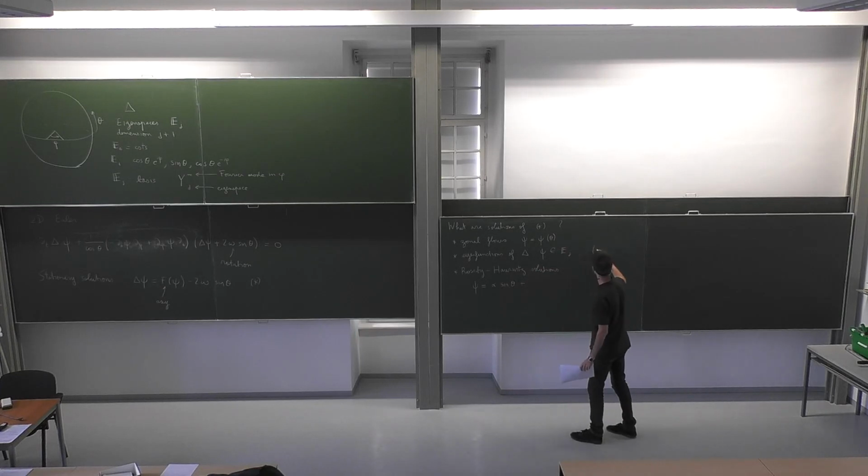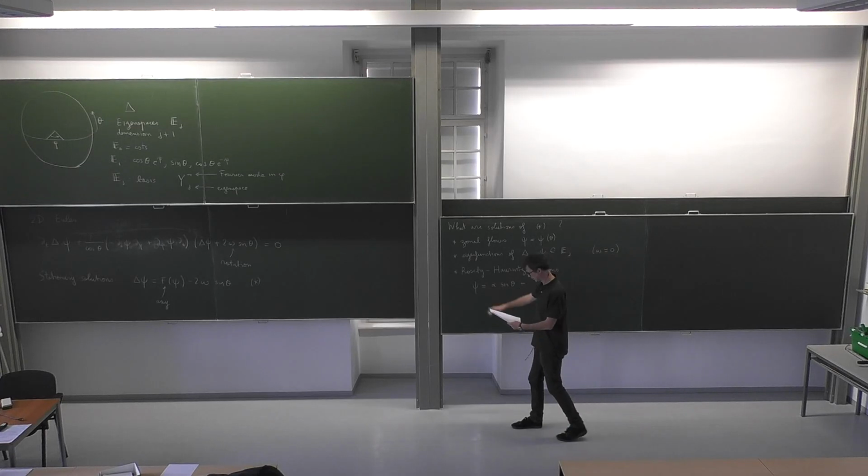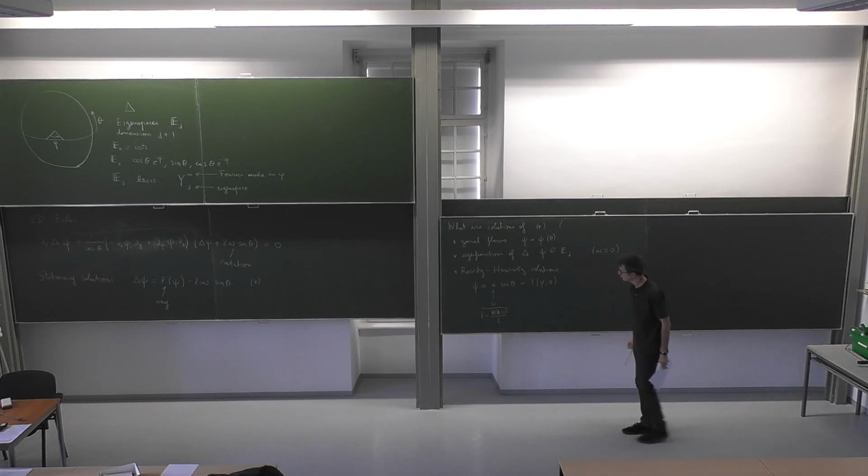So this corresponds to omega equals 0. And if you want omega non-zero, you should take psi to be alpha sine theta plus Y_j^m, where alpha is omega over 1 minus k plus 1.